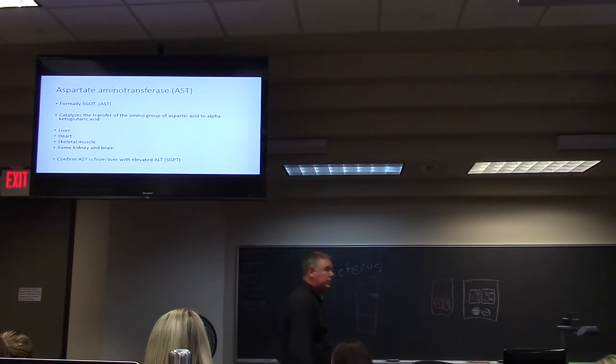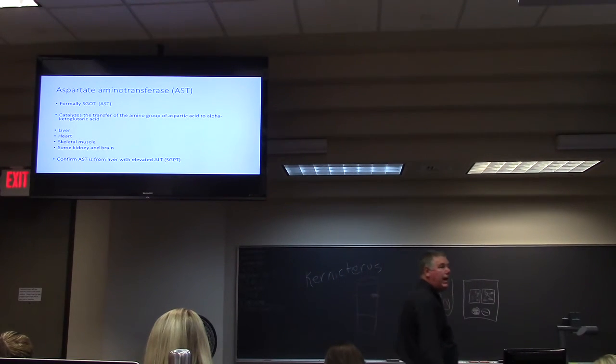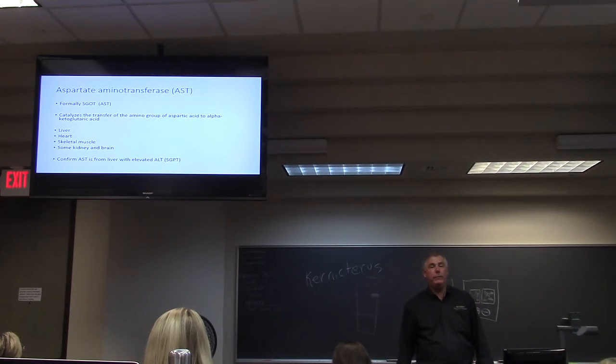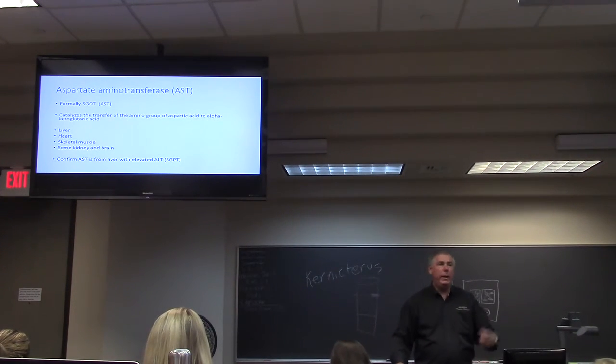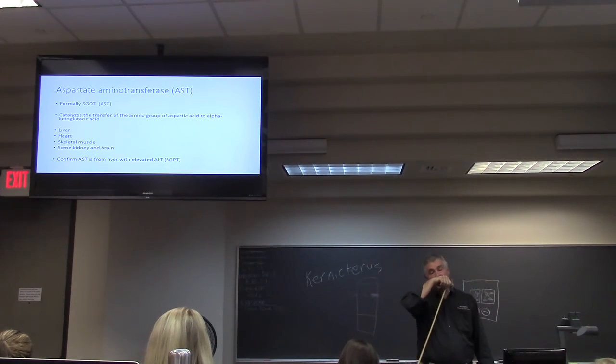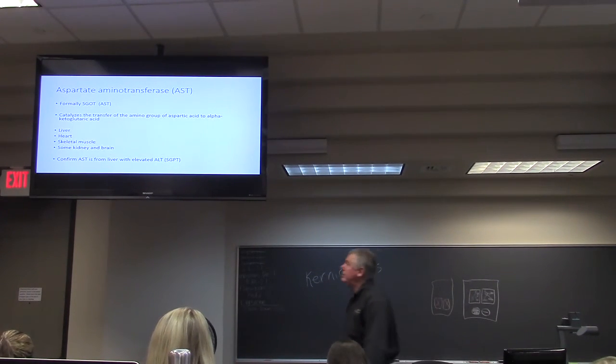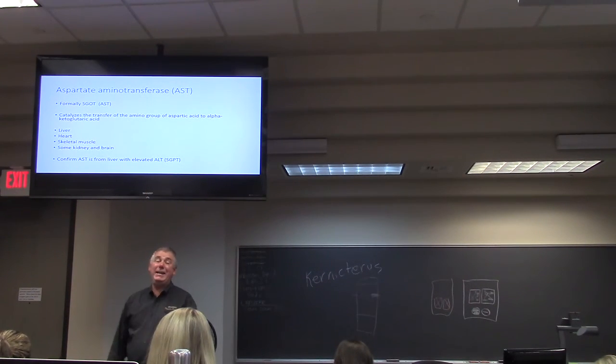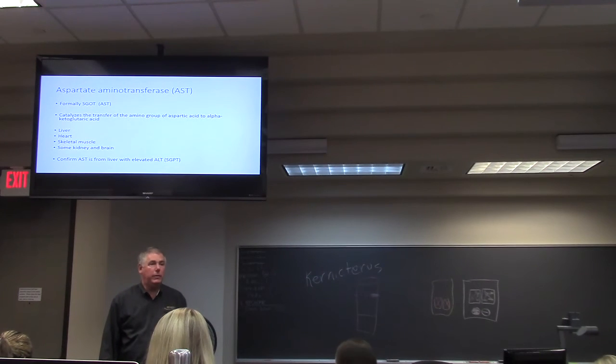Now, here are the big ones. AST and ALT are the two big liver enzymes we want to pay attention to. Alphos is more the biliary tree. This is more hepatocellular. It says formerly SGOT versus SGPT for ALT.